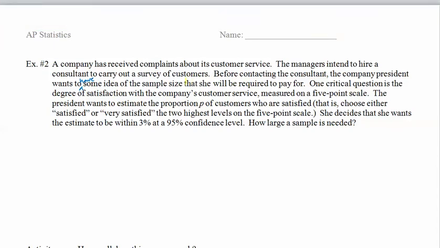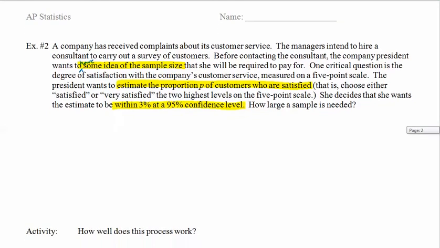She wants to have some idea of the sample size. And we want to estimate the proportion of customers who are satisfied. And finally, we need to be within 3% at a 95% confidence level.